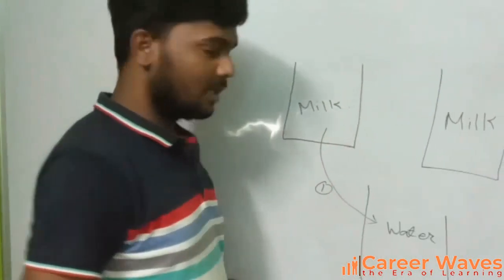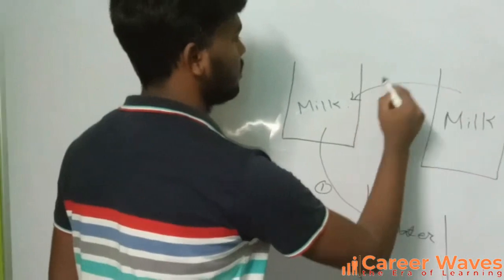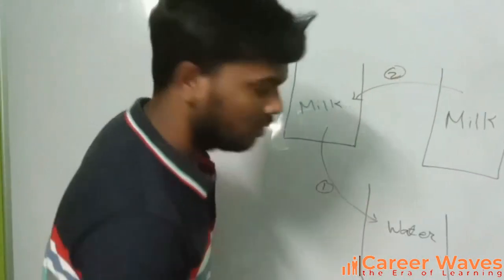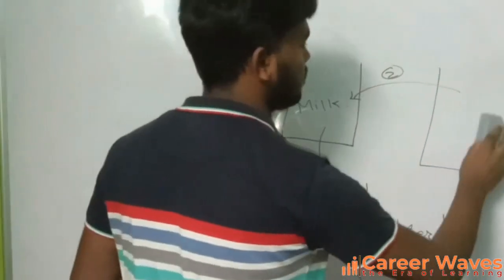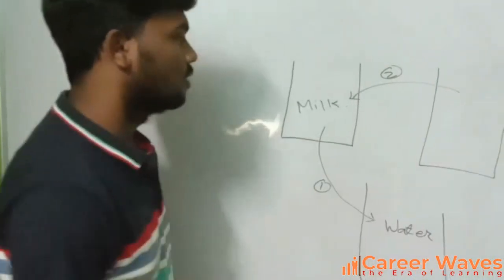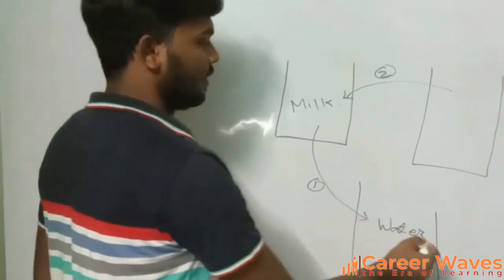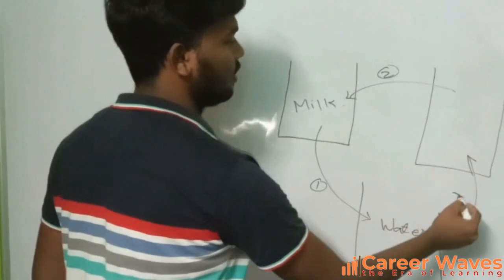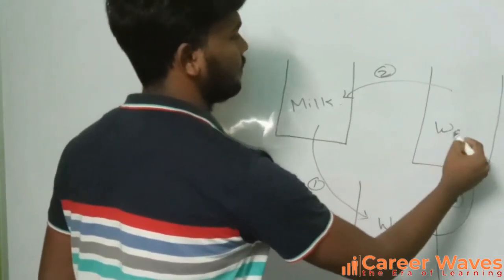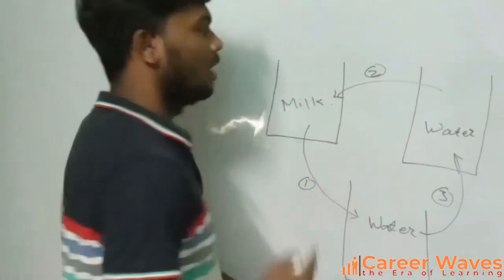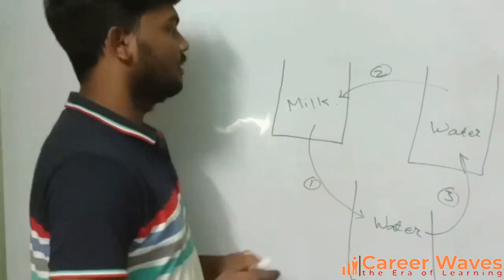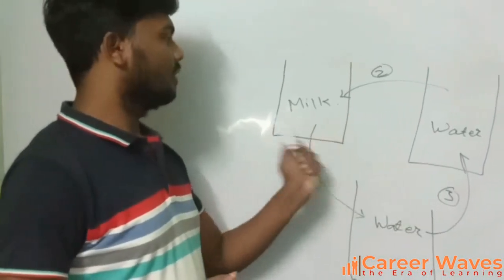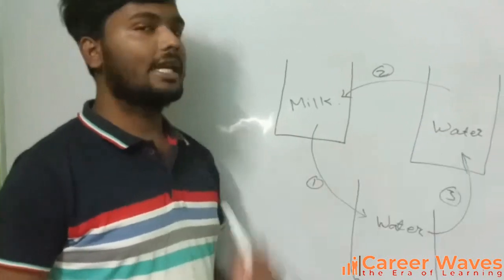So now that glass becomes empty. Now what we can do is transfer this water into this glass. Hence we did what we had to do. That is, we transferred this milk into this glass and the water in this glass into that glass.